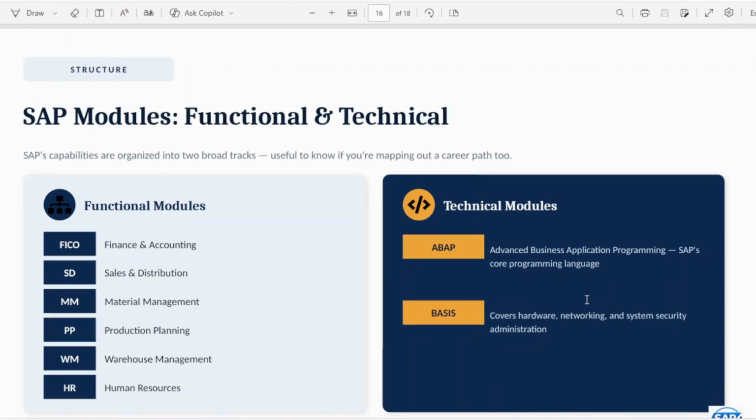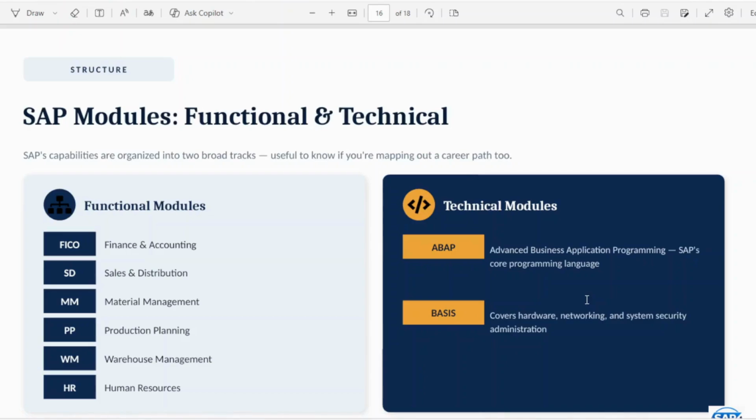Now, let's discuss some SAP modules, functional and technical. Basically, SAP has two different types of modules: one is functional and one is technical. This is especially useful if you are thinking about a career in SAP.